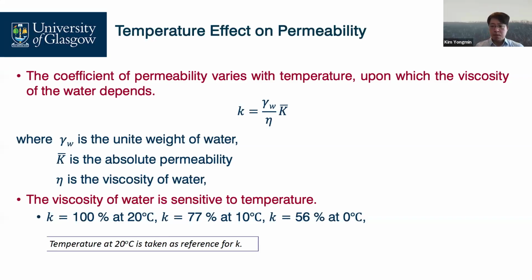But we test soil's permeability at room temperature, right? We are not supposed to do that permeability test in a very cold or very hot condition. It's just room temperature in the lab. That's why our permeability has consistent values.